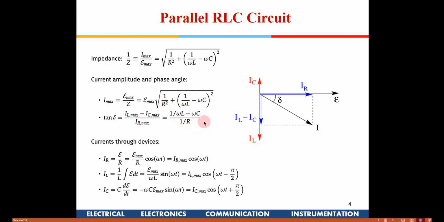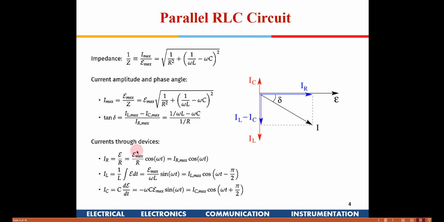Unlike in DC circuits, in AC circuits the total impedance as well as the phase is a frequency dependent component. It is not going to remain the same for all the frequencies. You see there is a frequency omega, the angular frequency in radians, available in the I equation as well as in the phase angle equations.